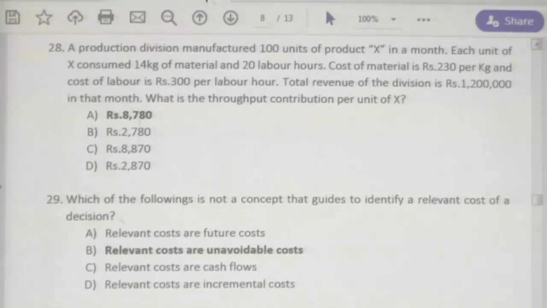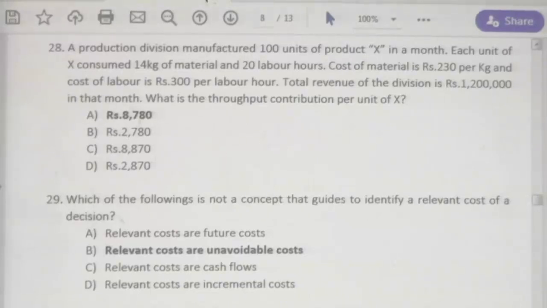A production division manufactured 100 units of product X in a month. Each unit of X consumed 14 kilograms of material and 20 labor hours. Cost of material is 230 per kilogram and cost of labor 300 per hour. Total revenue of the division is 1.2 million. What is the throughput contribution per unit?